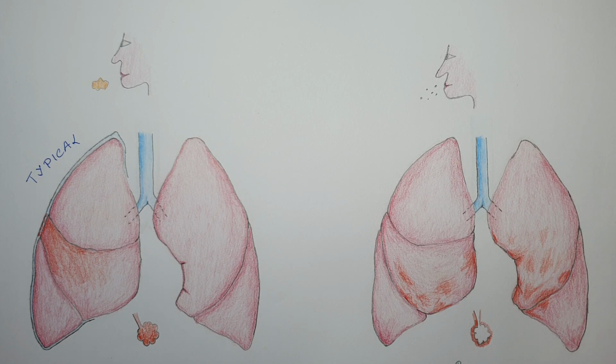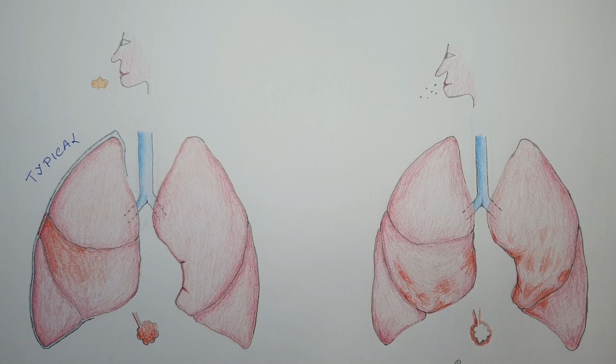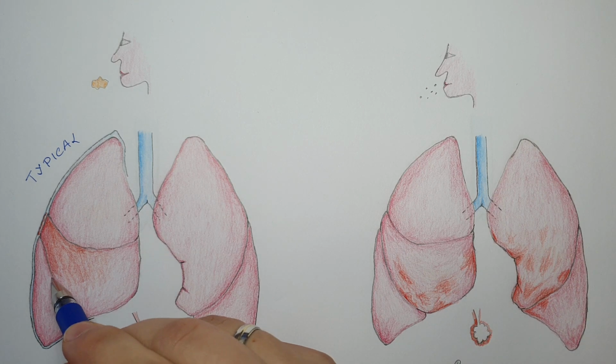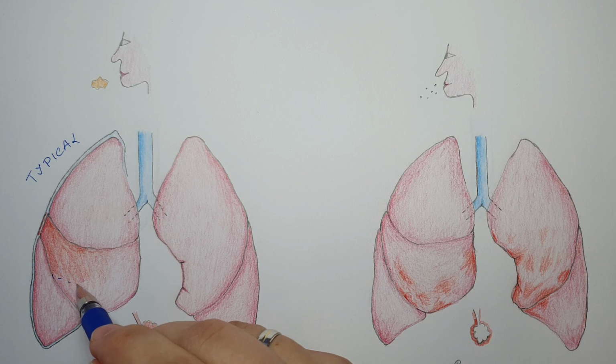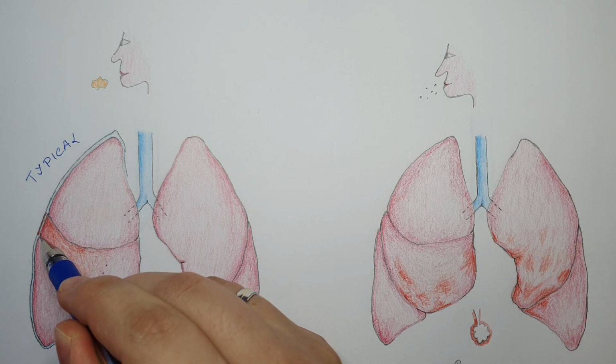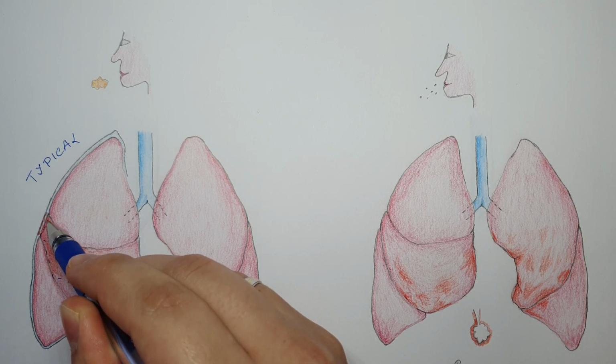So why is this all happening in this typical pneumonia? On this left side, if we analyze the lung tissue that is affected in pneumonias, and if we, for example, do an X-ray, we will most of the time see a unilateral localized consolidation as it is here.